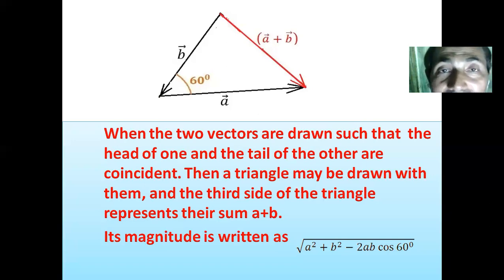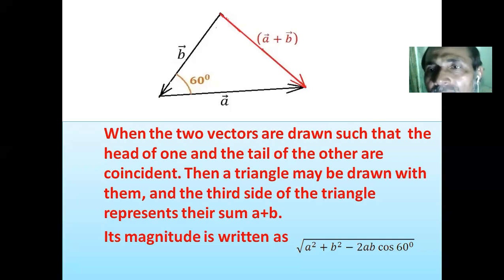You start from the tail of vector B and reach the head of vector B. Again, the tail of vector A starts there, and you reach the head of vector A. Then the journey is completed. Then the total resultant vector B plus A or A plus B is drawn from the tail of vector B to the head of vector A.